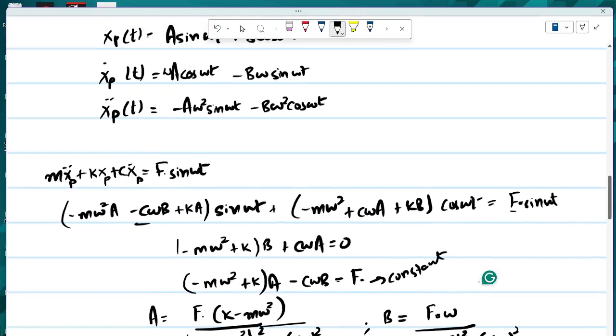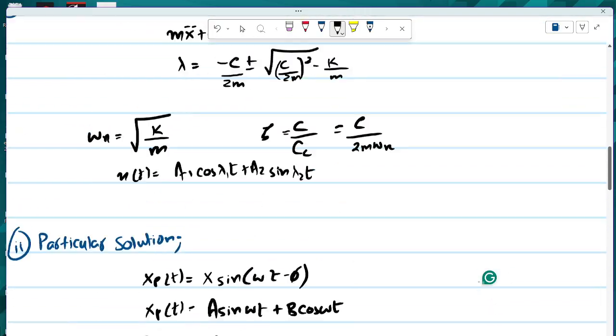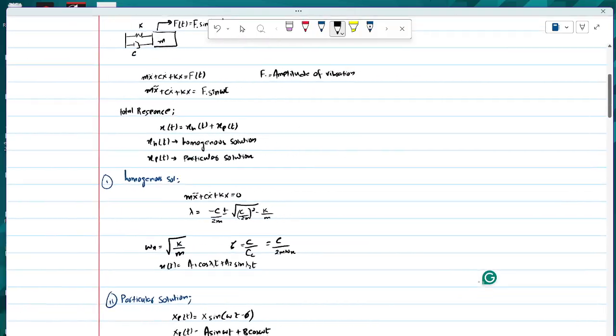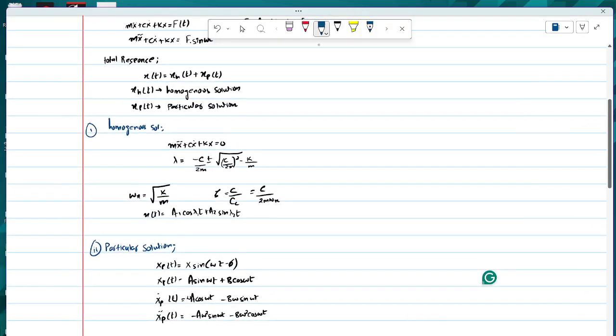So what are the homogeneous and the particular solutions physically? Whenever you excite a system, let's say it was initially at rest, when you start applying the force it will start vibrating. After some time it will become steady state.